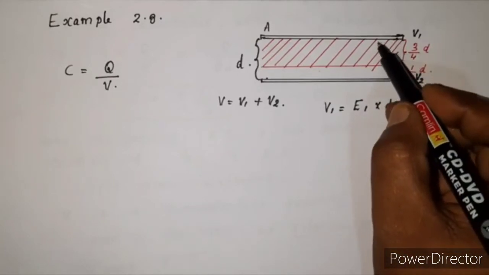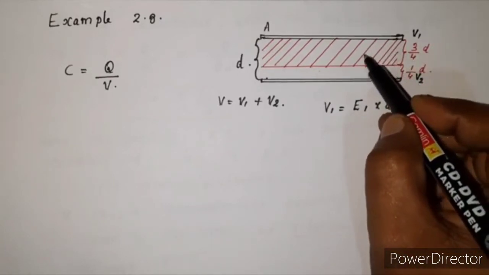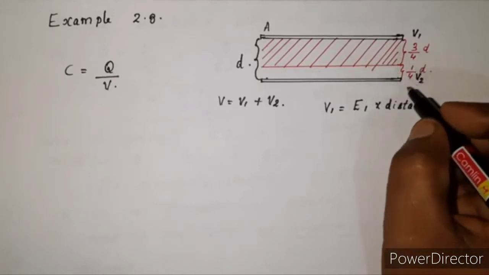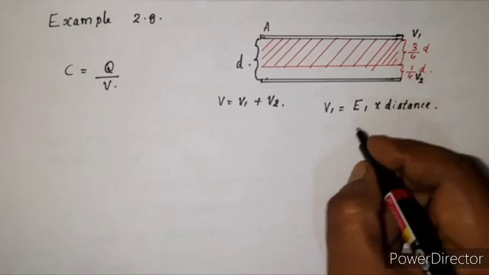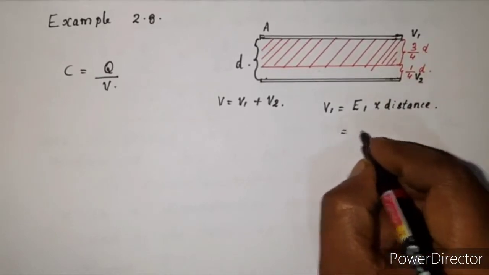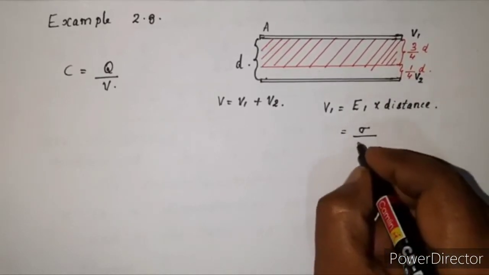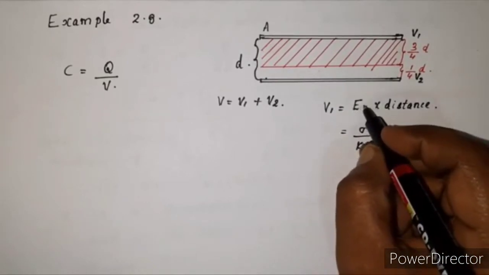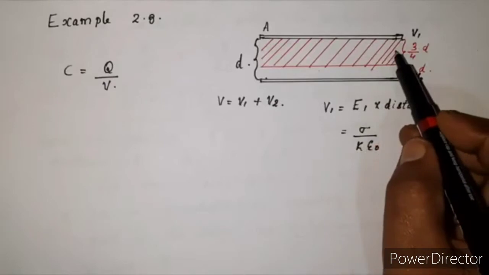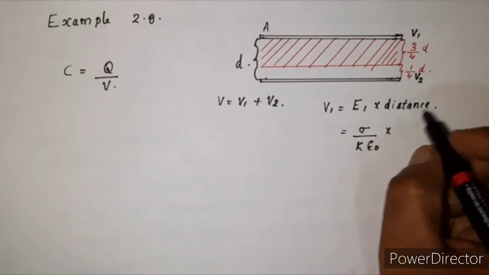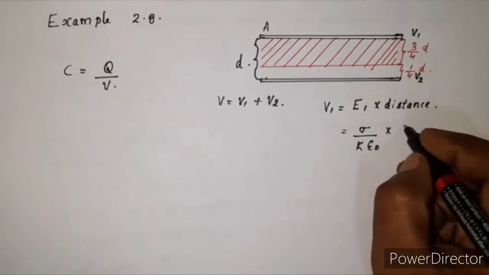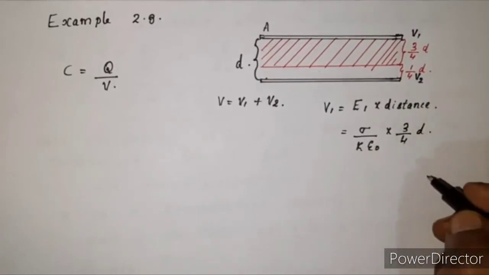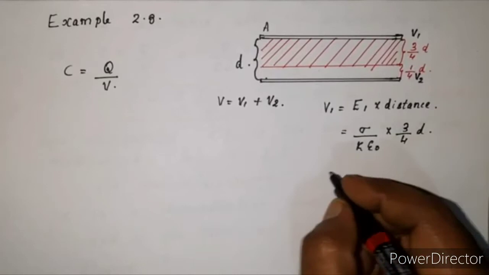E1 is the electric field in the place where the dielectric is present. The electric field in the presence of dielectric is sigma by K epsilon 0. So sigma by K epsilon 0 into 3/4 into D, that is our V1.